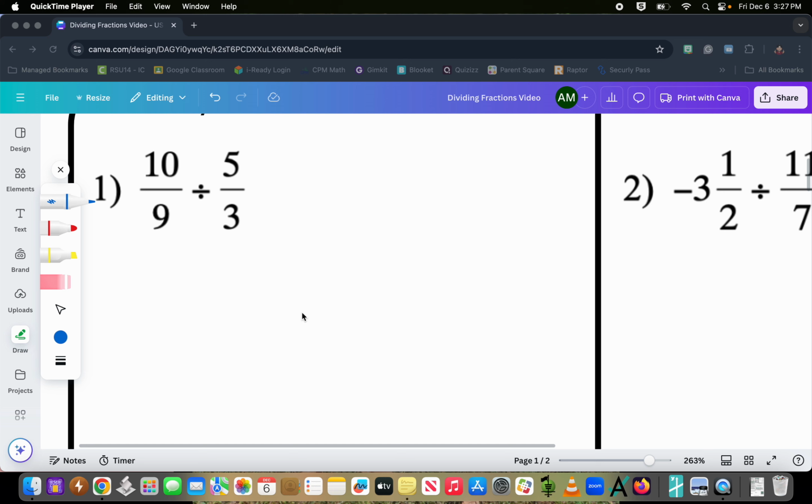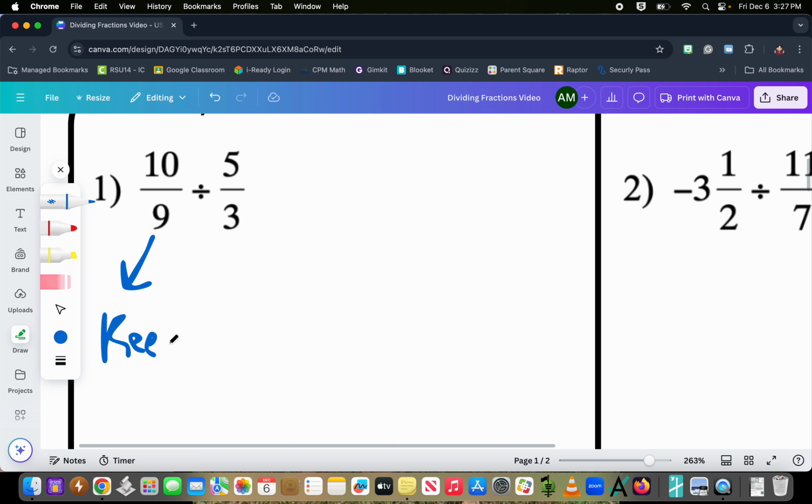In this video, we are looking at dividing fractions and the process we use to solve these. If we remember, the easy way to divide fractions is through a process we call keep, change, and then flip.